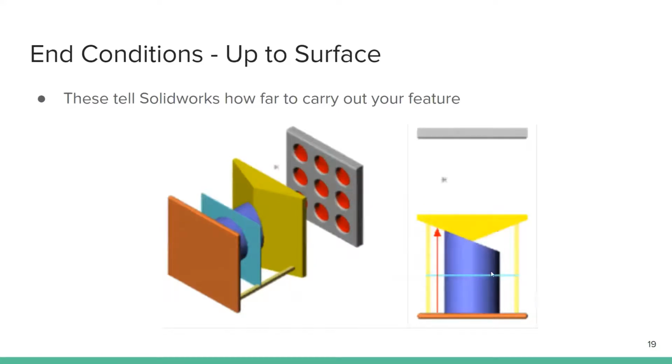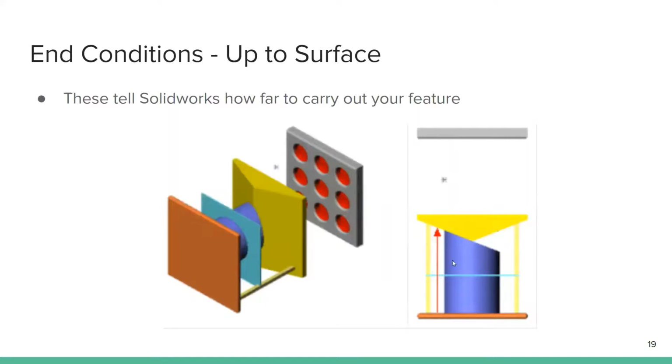You can also say, okay, extrude or cut up to a certain surface. And this is actually a very, very useful feature. I've used it a number of times in some of my parts. It's just really great for saying, okay, I want to cut up to here, and I want to preserve this feature as is.